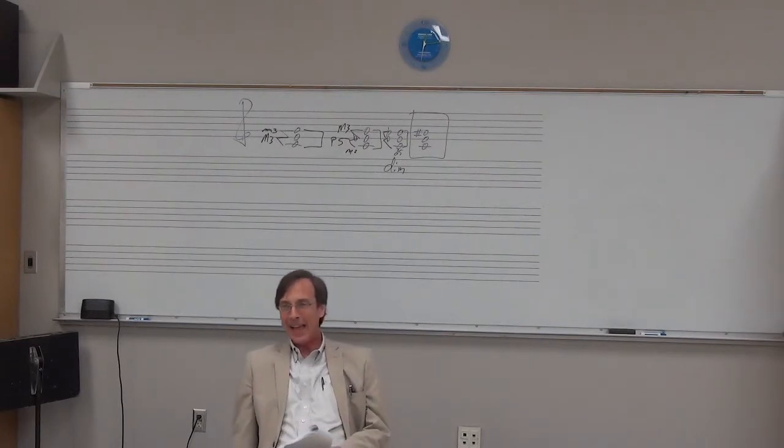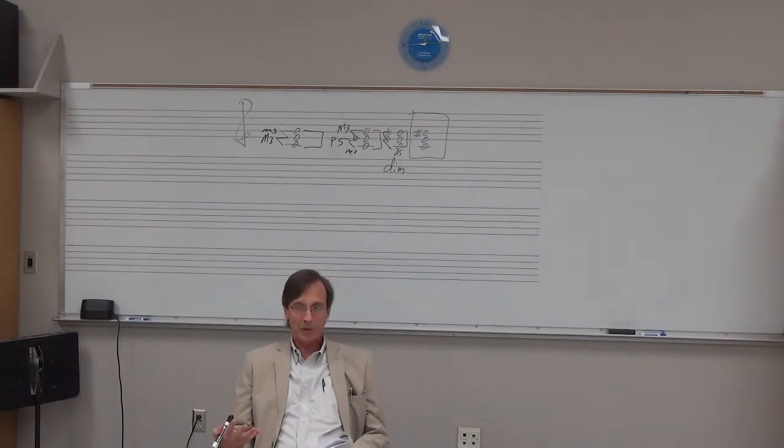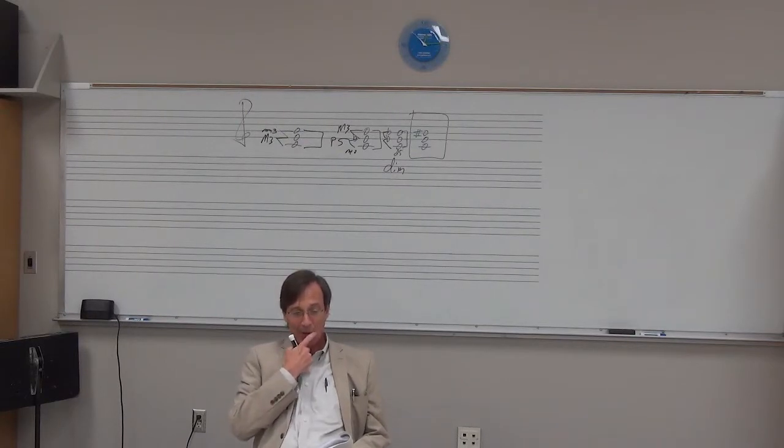D sharp, F sharp, A, we should just know is diminished. Several ways you could figure that out. D sharp to F sharp is minor, F sharp to A natural is minor, that makes it a diminished triad. D sharp to A is diminished, that makes it a diminished triad. Okay, C, G sharp, we already had that one, so we already know that one. FAC, I don't know that one.